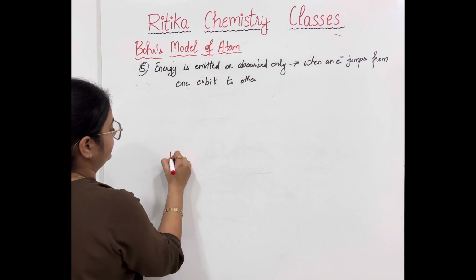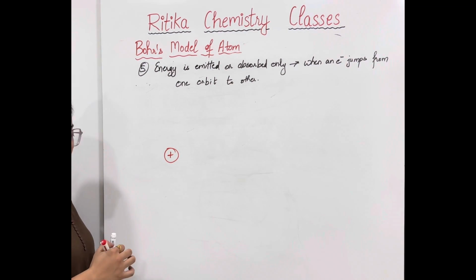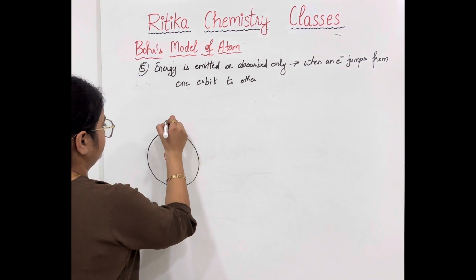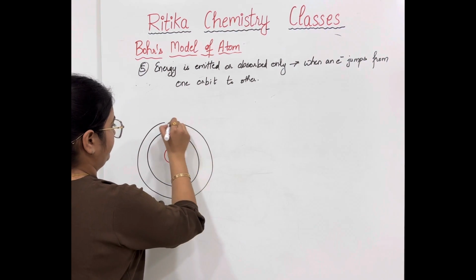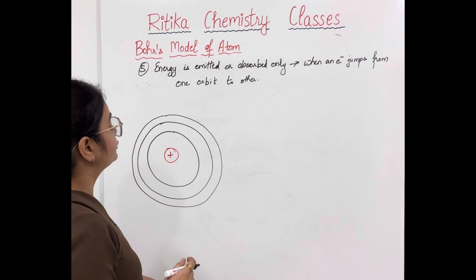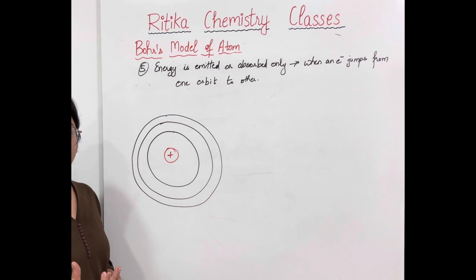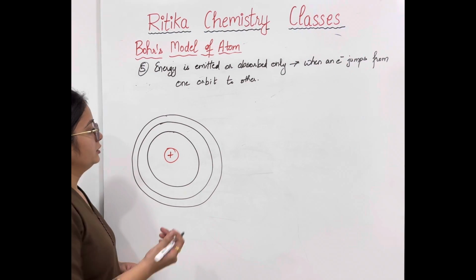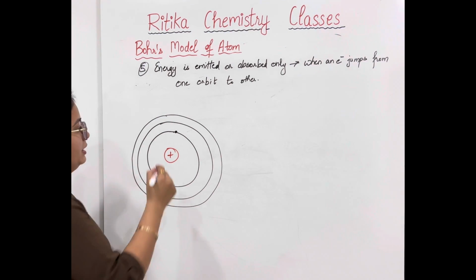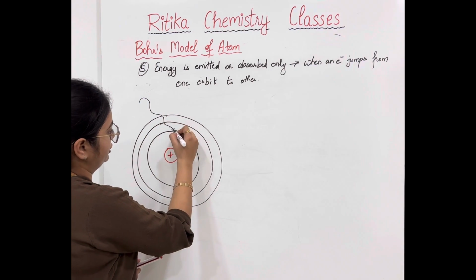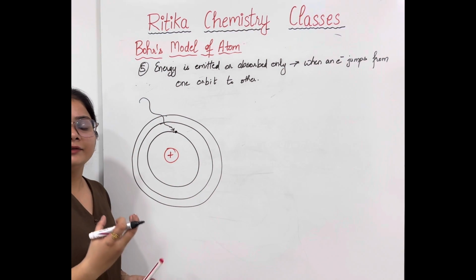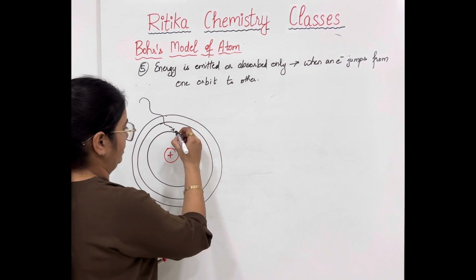So if this is the nucleus and these are the orbits in which electron revolves around the nucleus. Let's suppose when energy is supplied to an atom, the electron in an atom will absorb that energy. This electron will absorb this energy and it will jump to higher energy level.